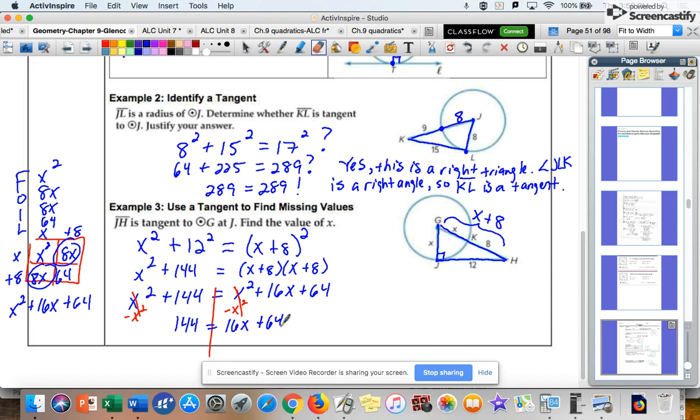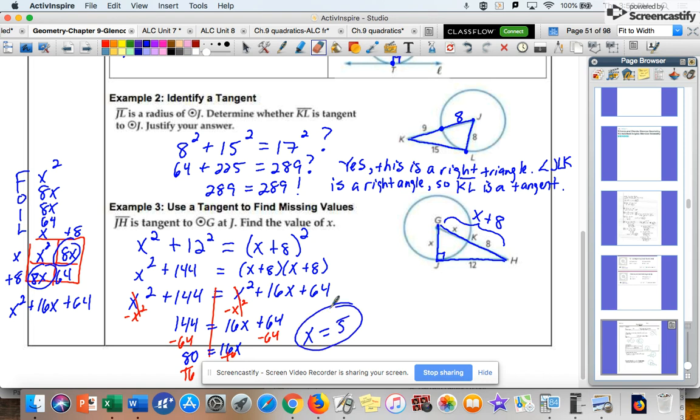Okay, now it's looking a little bit better, isn't it? Subtract 64 from both sides. And then that gives us 80 is equal to 16x. And then dividing both sides by 16, we get x is equal to 5.